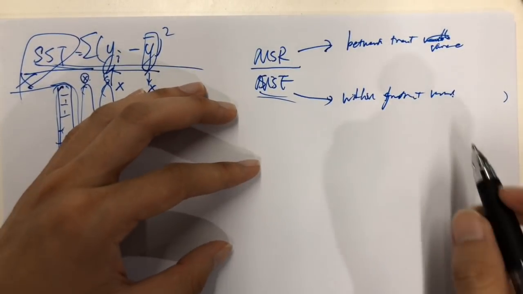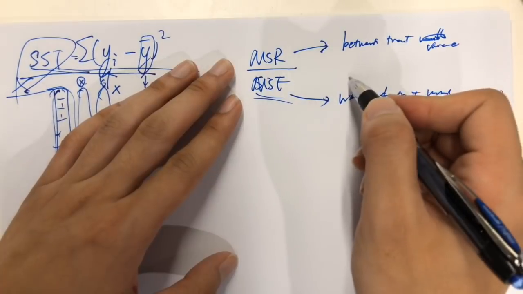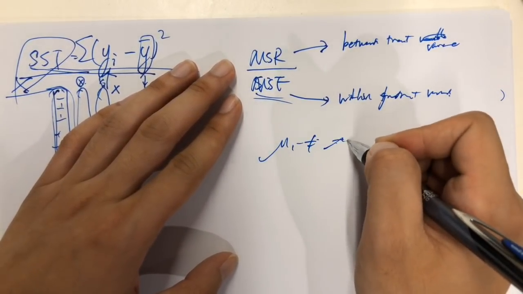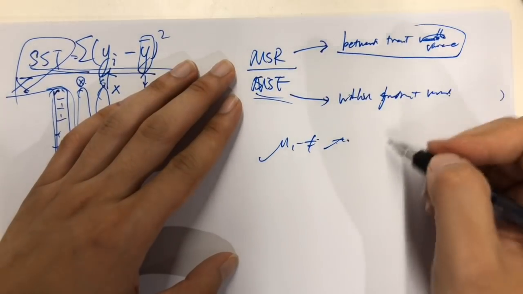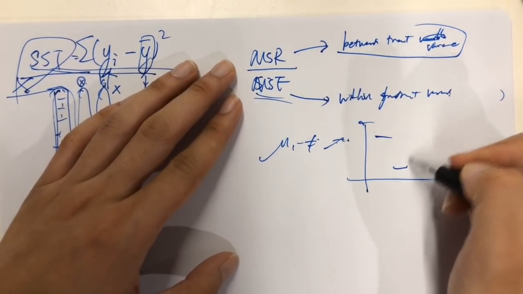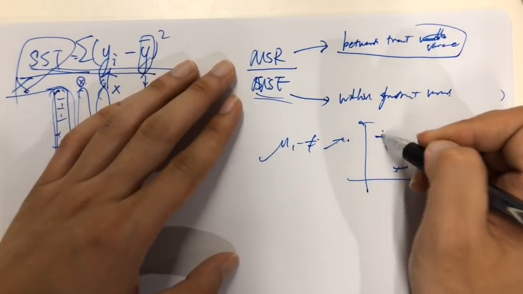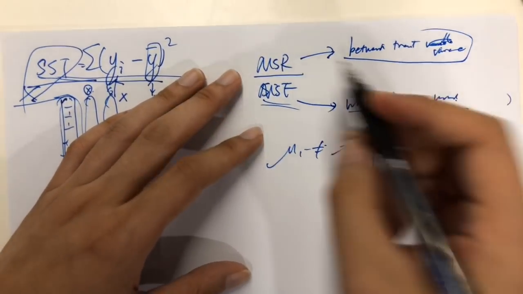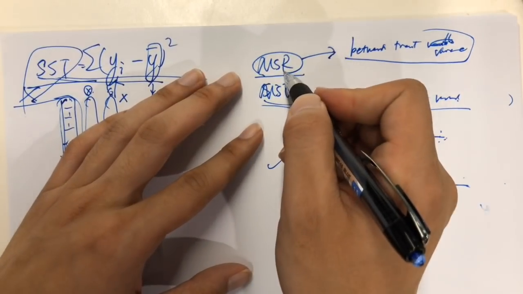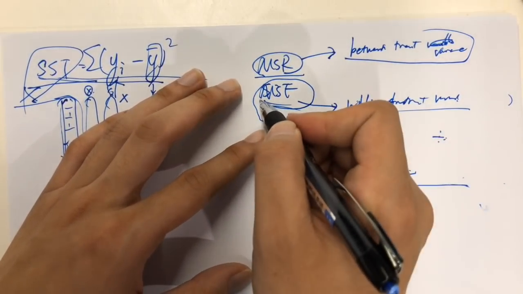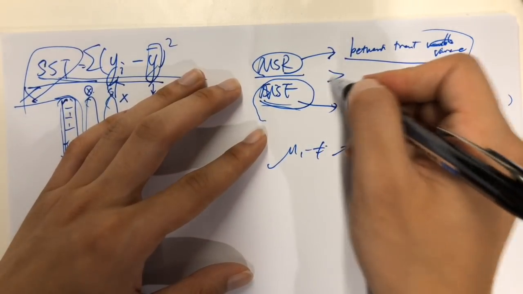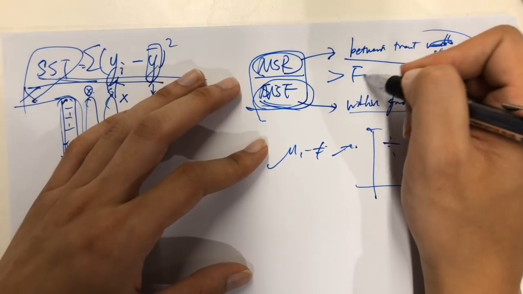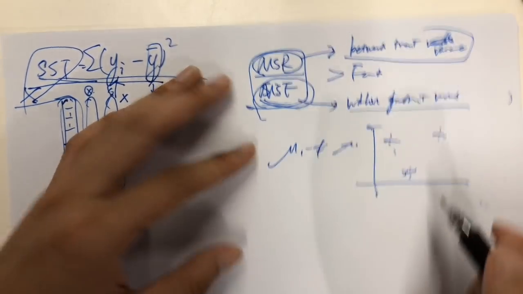So we can only draw the conclusion that the population means are not equal if the between treatment variance is greater than the within treatment variance, right? So we only look at whether MSR is greater than MSE. So that's why it's a one-tail test. We only look at whether this ratio is greater than the critical value, okay?